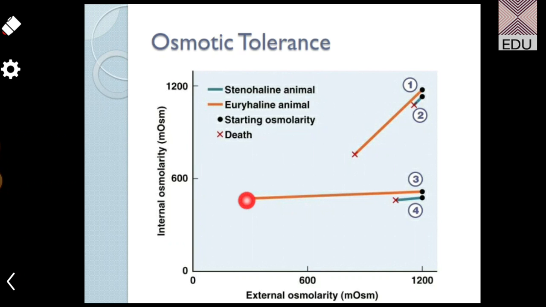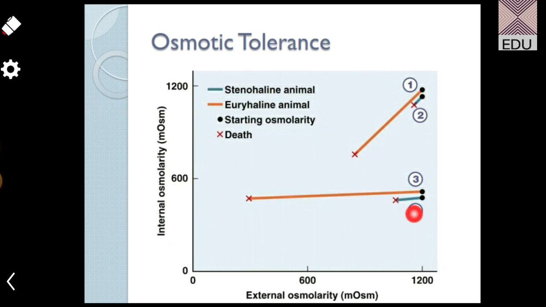Suppose from this point it is starting from near 500 and it is going only up to 5, 10 or 20. So this is a very small change compared to a big change in the external environment. That means this line is for a regulator, and this is a euryhaline type of animal for regulation.